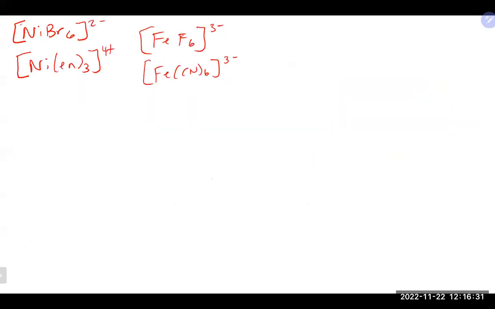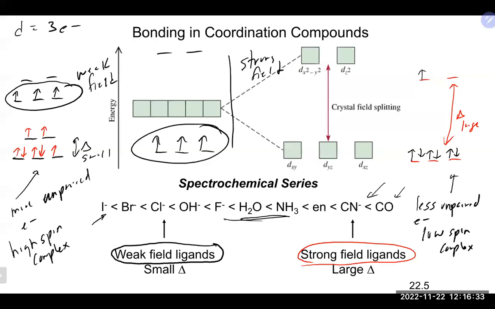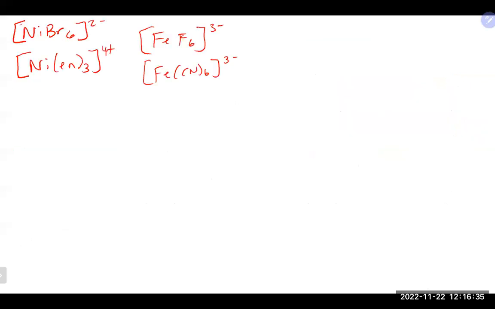For example, let's do this Fe. Actually, we'll do the nickel here. So we'll do NiBr6 2- and take a look at it first. All right, so first off, we want to think about a couple of things.